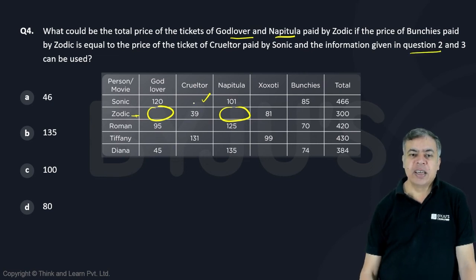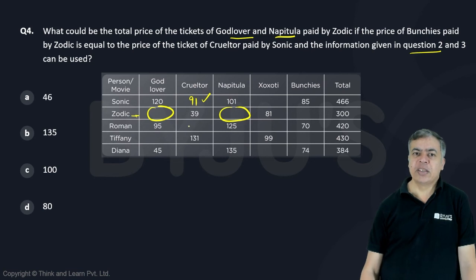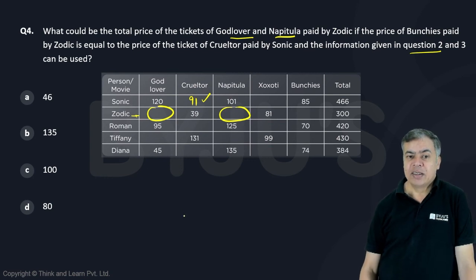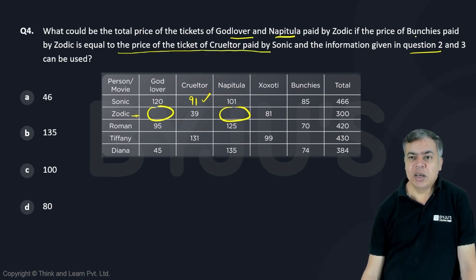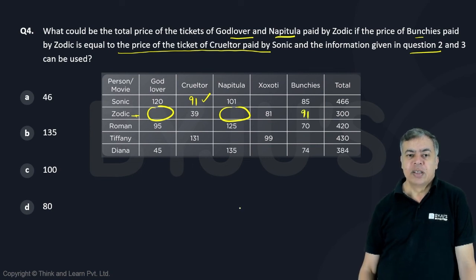So that means here we calculated that this was 91, right? Because question 2 and 3 we used it, it became 91 here. If this is 91, and he's saying it is equal to the price of this, what is equal? So B. So that means here also it is 91. If this is 91, what is the remaining two values?